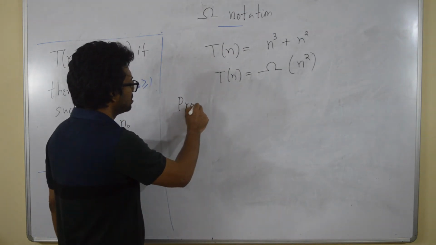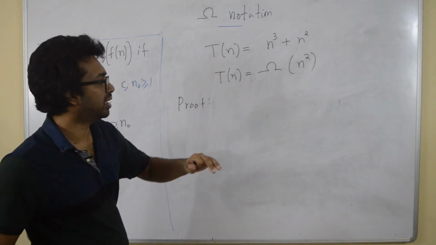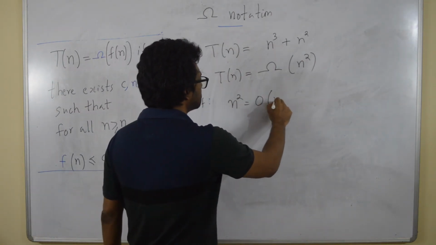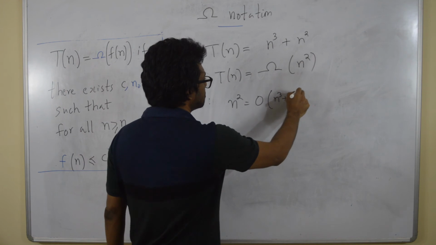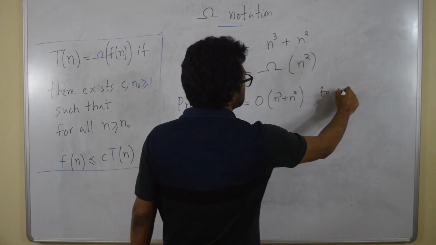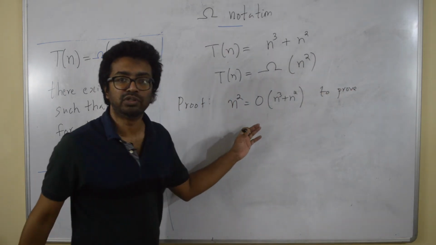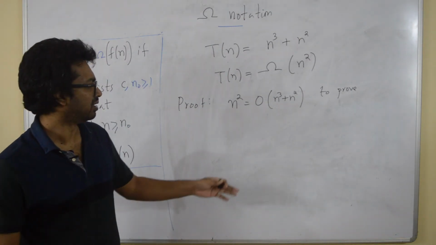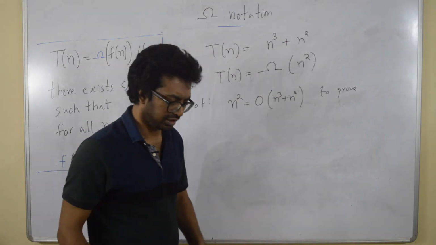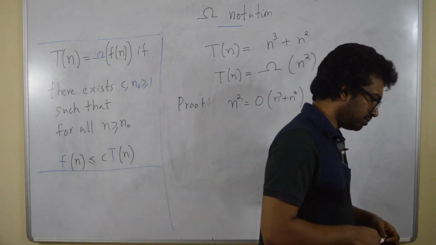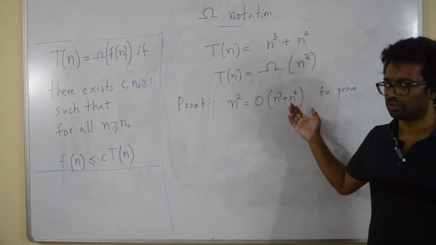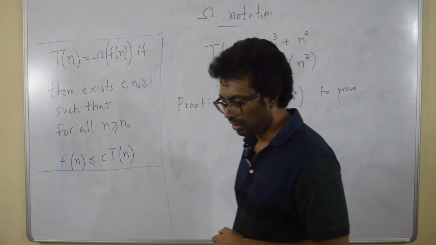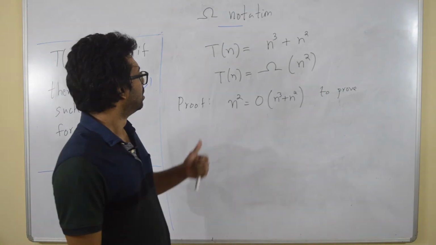To prove this, we just argue that n square is equal to big O of n cube plus n square. And we know how to do this, right? Because this is the same as order of n cube, and n square is equal to O of n cube. We solved this fact.